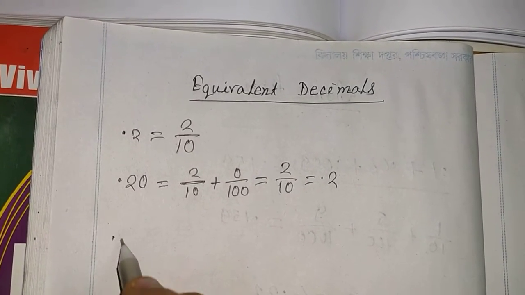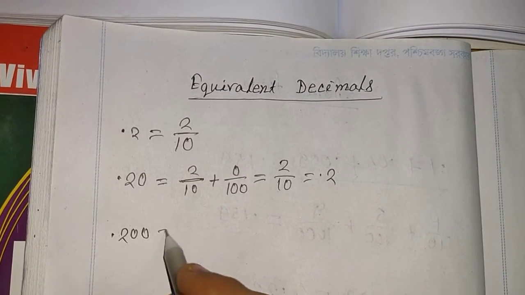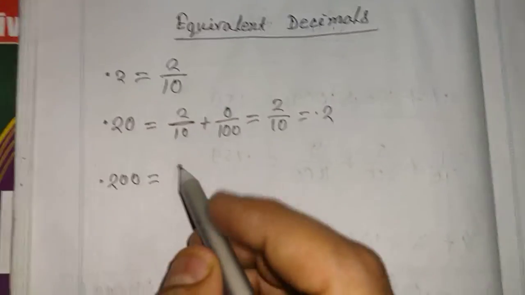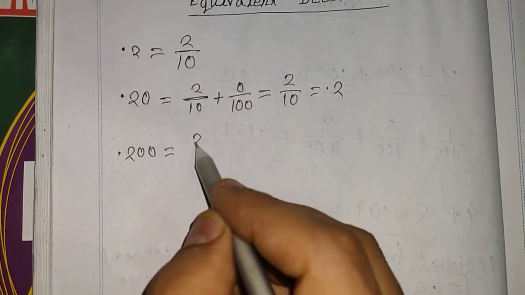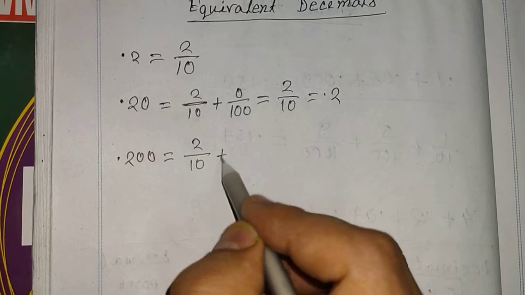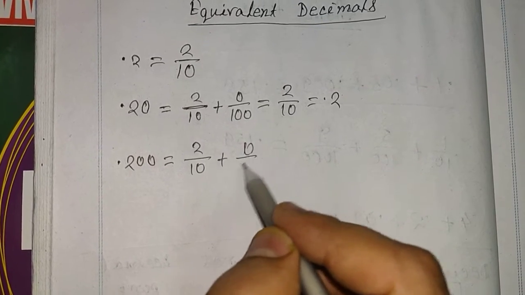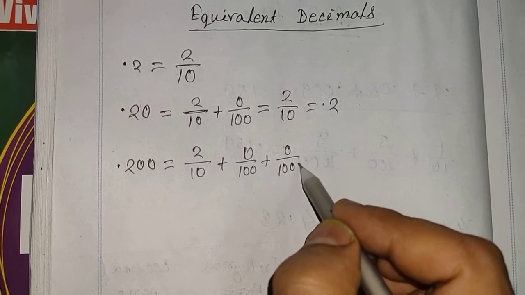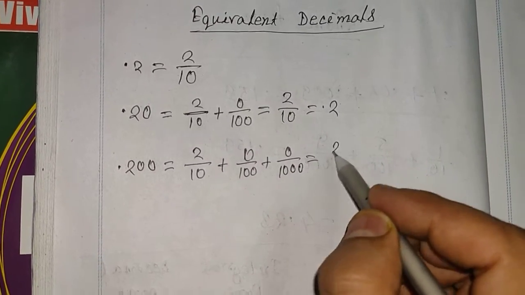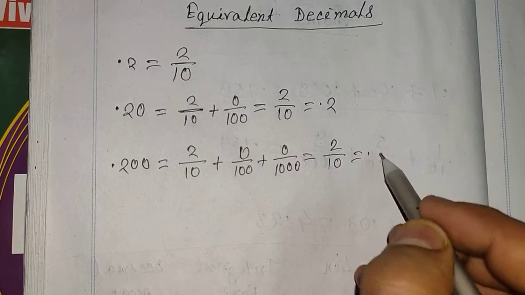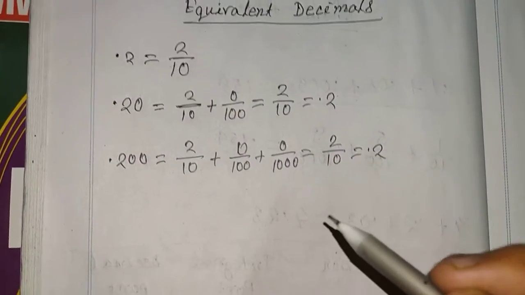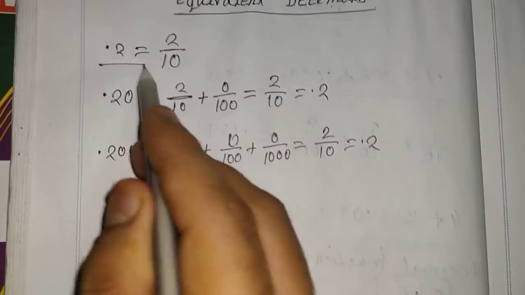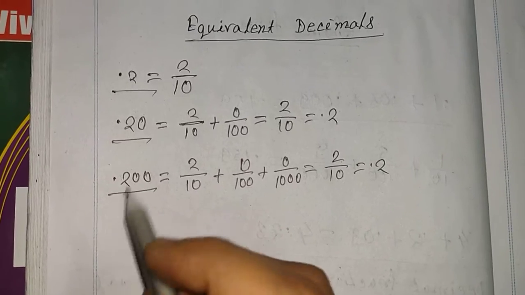If we add another 0 on the right side, what is the expanded form here? 2/10 plus 0/100 plus 0/1000. The answer is 2/10 again. So here you can see all these fractions are equal.